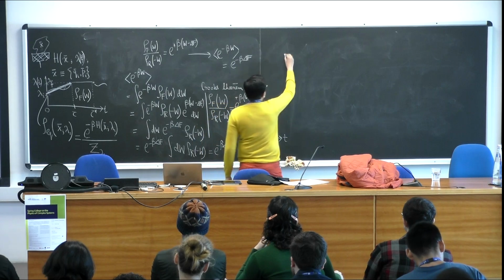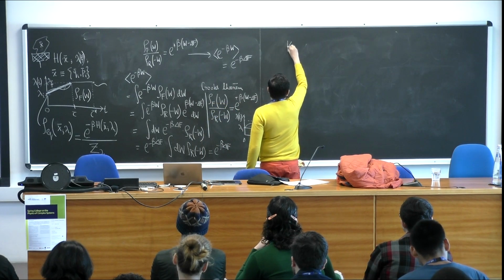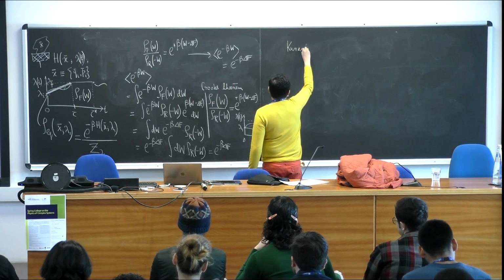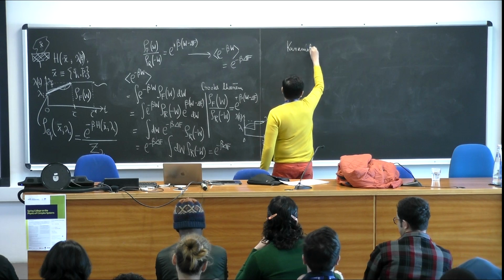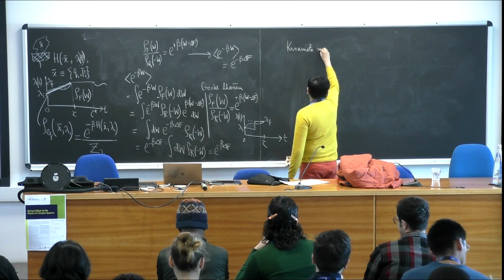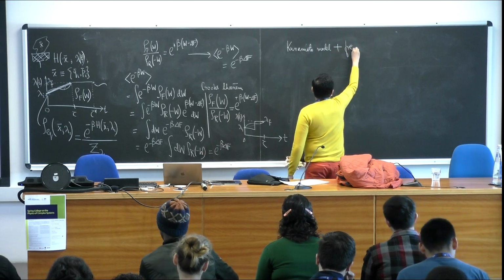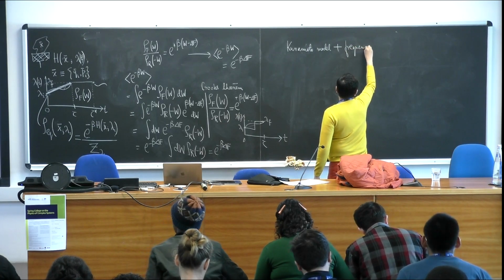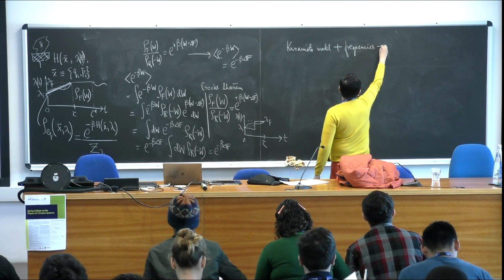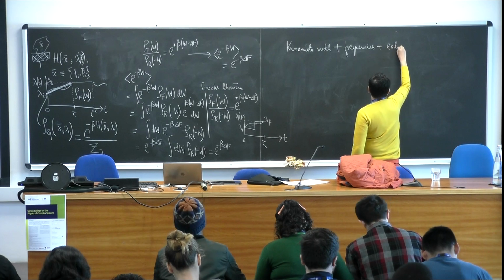Now we look at the case when the system doesn't have an equilibrium stationary state, which is the Kuramoto model plus frequencies, plus, of course, an external field, this parameter lambda, that I change as a function of time.